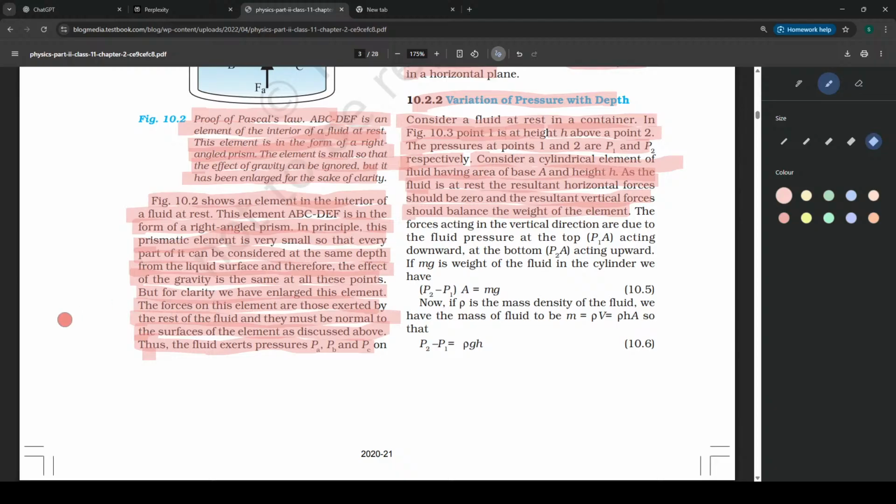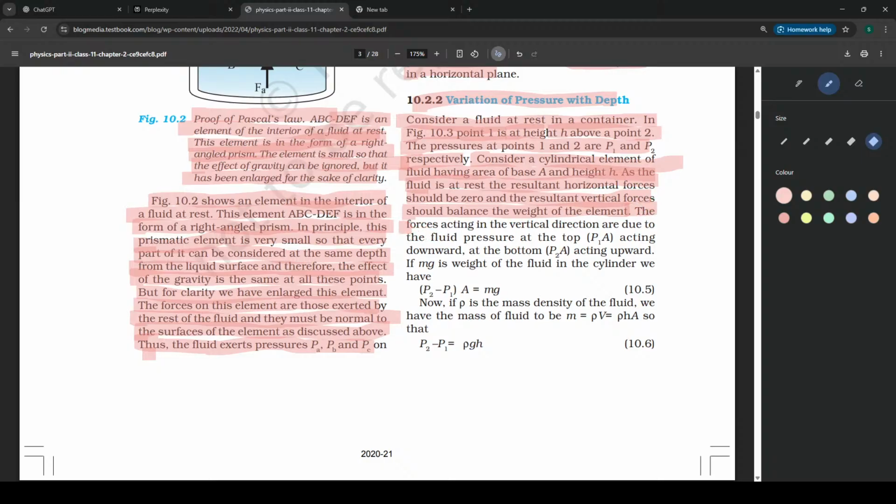Because we know that the fluid is at rest, the net force should be zero and it should be balanced by mg, the gravitational force acting on it.